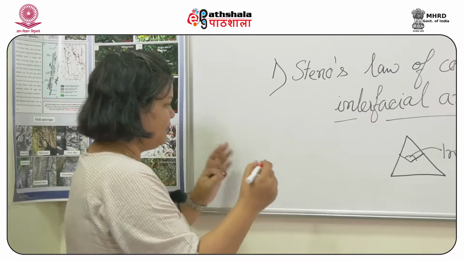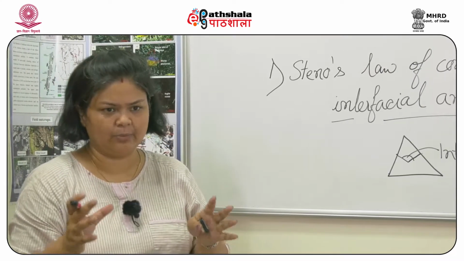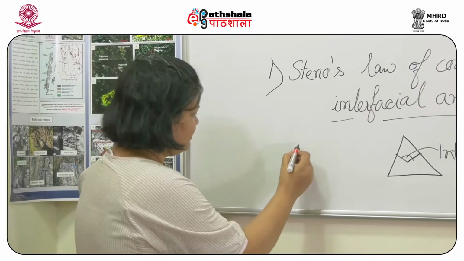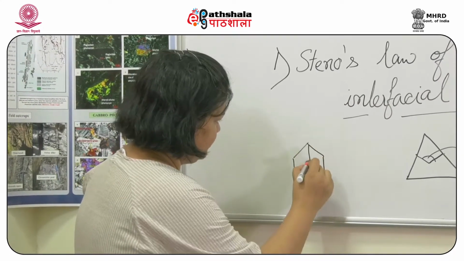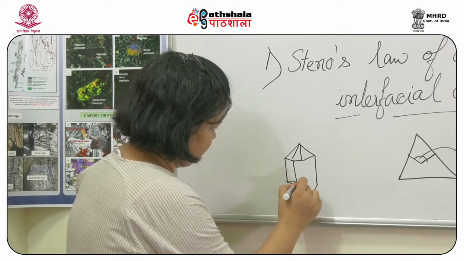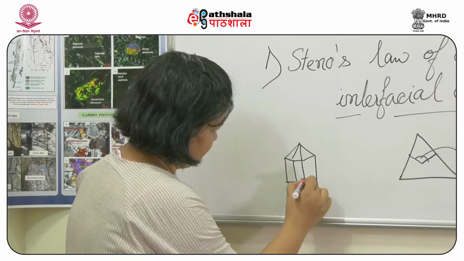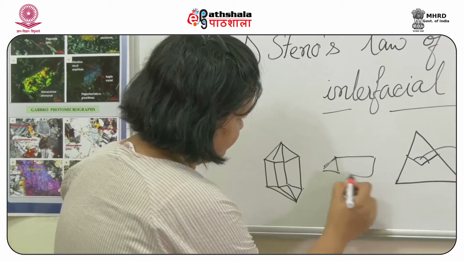For instance, if I have a quartz crystal which is manifesting two different geometric forms, one is something like this, and say the other one is something like this.